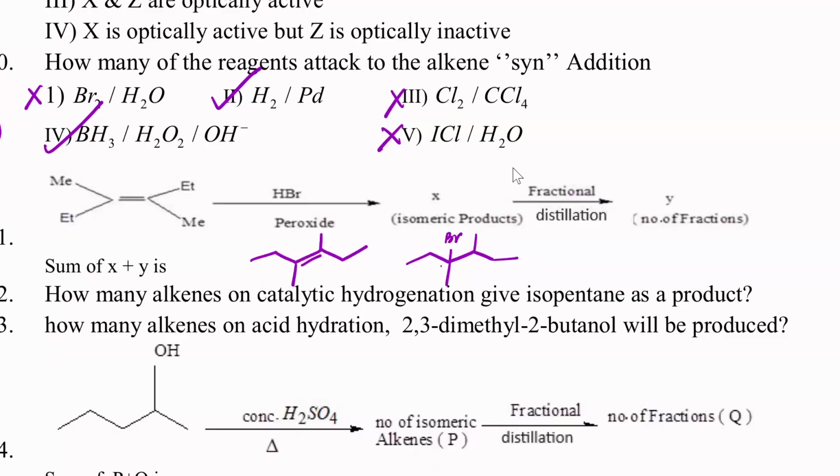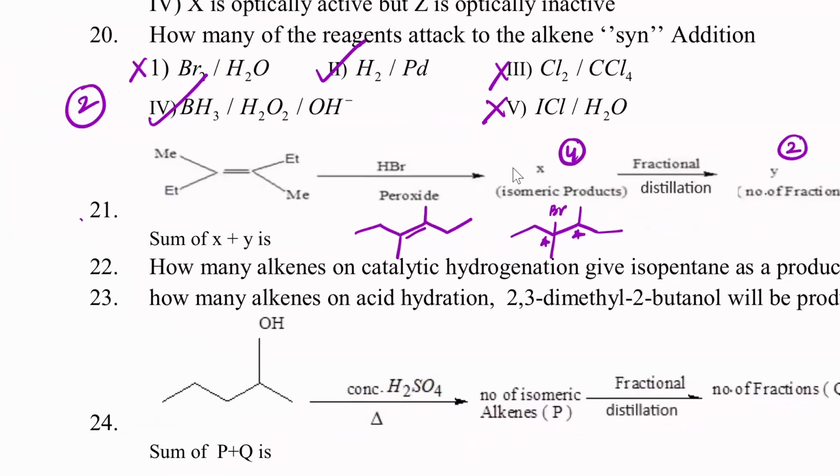How many isomeric products? Because this is a chiral center and this is a chiral center. You'll have total four isomeric products. How many fractions can we get by fractional distillation? We can get only two because out of these four, both of them are enantiomeric mixtures. So at this chiral center, you'll have one enantiomer. This one will have one enantiomeric pair. So only two fractions are possible.